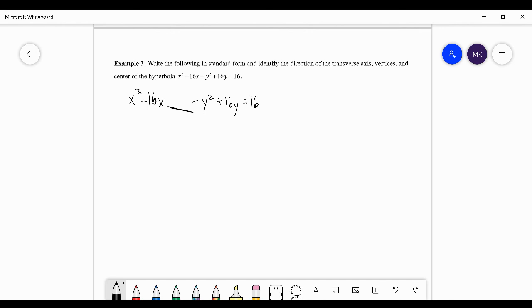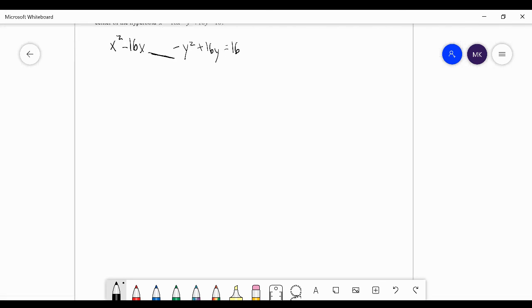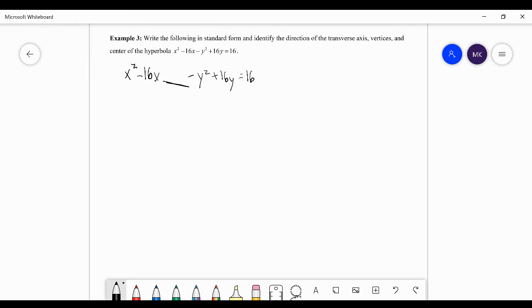Now, since it's negative 16, I know that it's going to be an x minus something. So when I factor this, it's going to be an x minus some number, and that whole quantity is going to be squared. I don't want to go into this in too much detail, but basically take this number, divide it by 2. So negative 16 divided by 2 is negative 8.